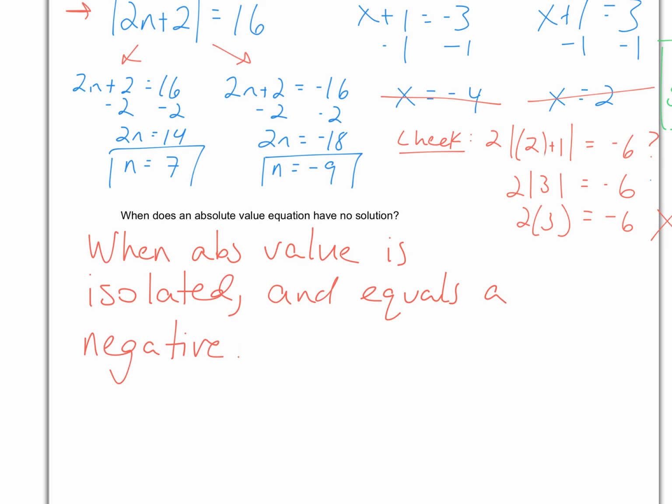So when I get the absolute value isolated by itself, and it equals a negative, there is no solution. Another example, the absolute value of 2x plus 5 equals negative 10. This would have no solution.